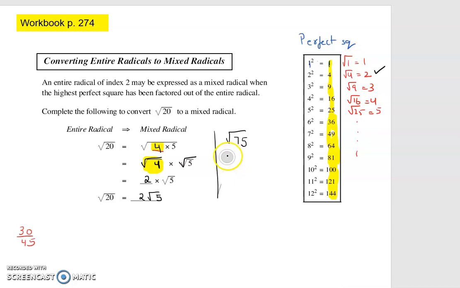So I'm going to rewrite this as 25 times 3 because that's what 75 is. And I on purpose picked 25 because it is a perfect square root. So if I take a square root of 25, it will give me a 5. Root 3, I can't do anything, so I'm just going to leave it as it is.